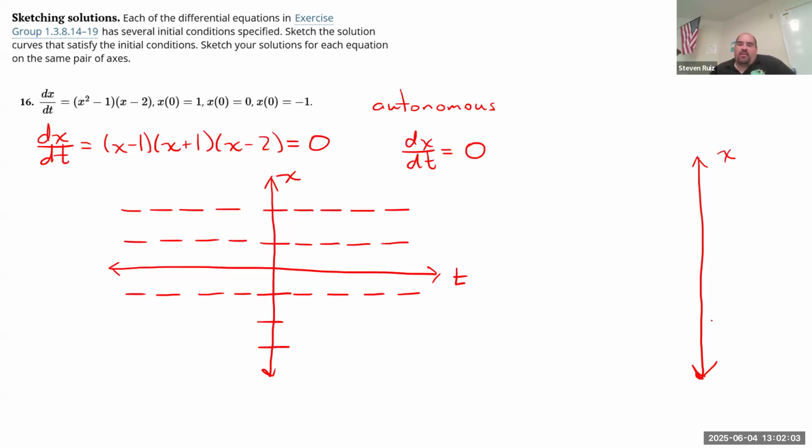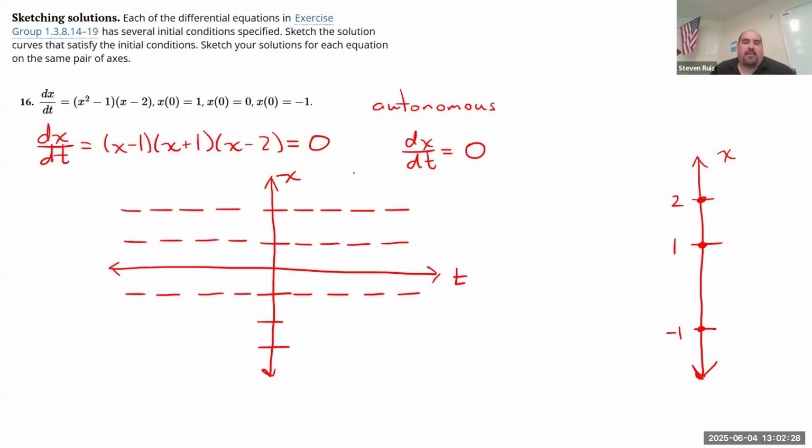So I know I have equilibrium at -1, 1, and 2. To figure out what's going on elsewhere, I can test points on these little subintervals. So let's start from the bottom and go up. What happens for values of x that are less than -1?